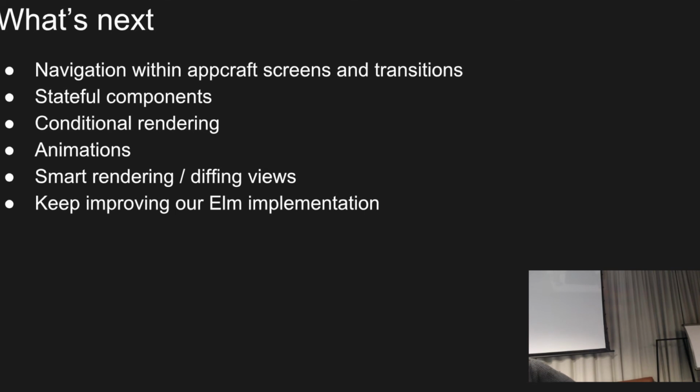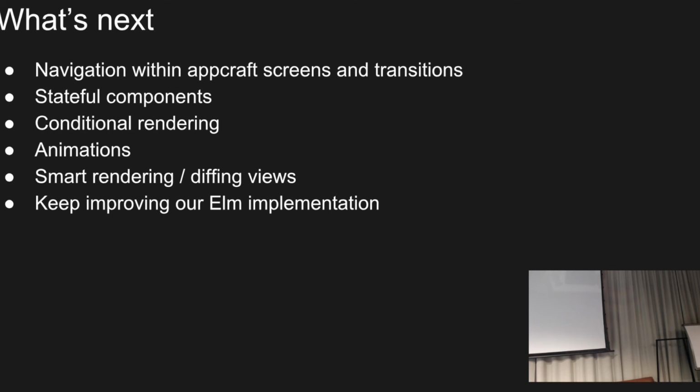And also, a really nice point is the smart rendering. I mentioned we are using Elm, and we have basic diffing so far, but it would be really nice if we can diff in a deeper way, so we can re-render only the minimum things that are needed. For example, even if we diff the model, the components that were added, inserted, or removed in the views, that's fine.